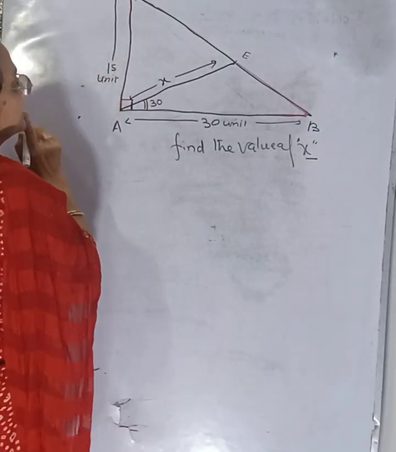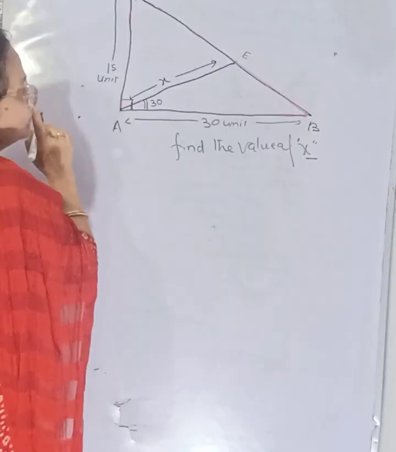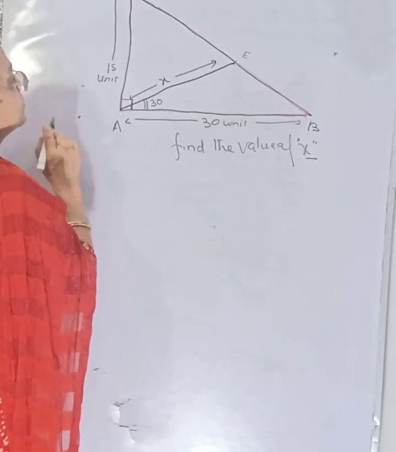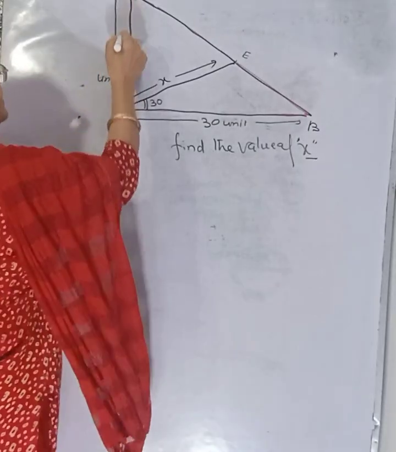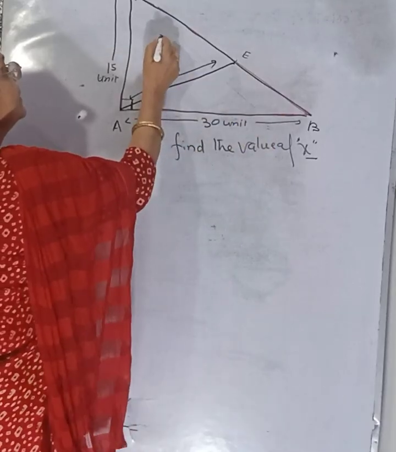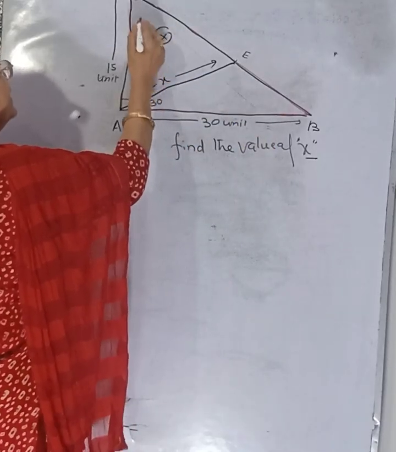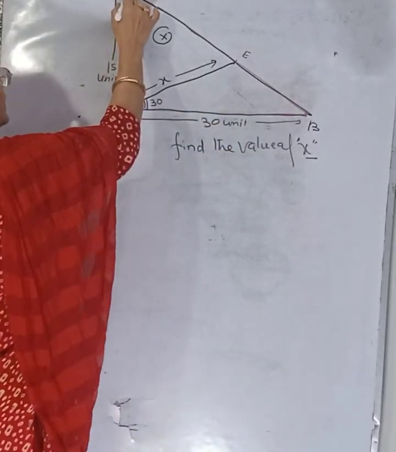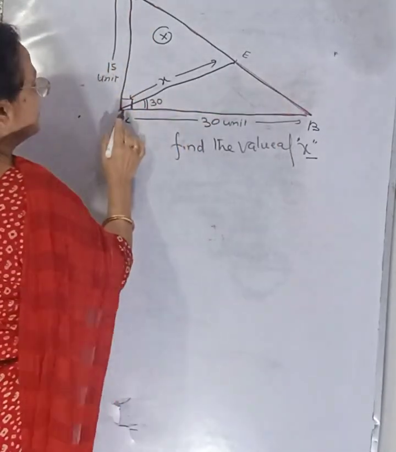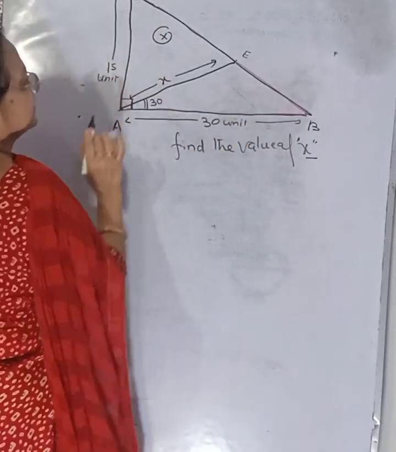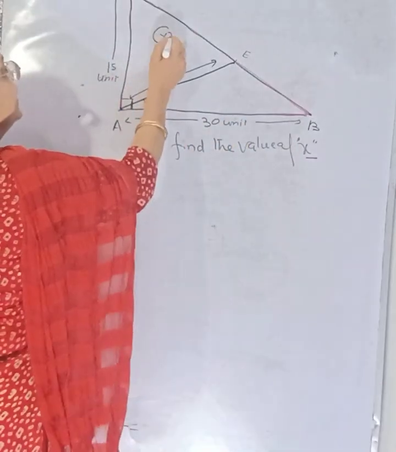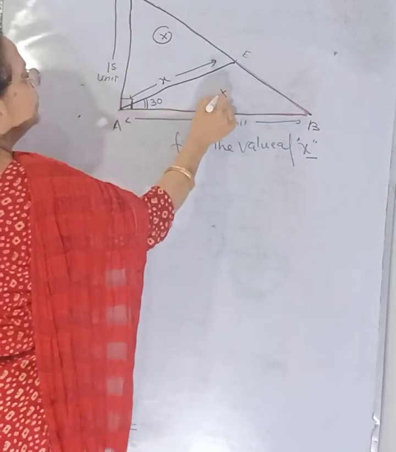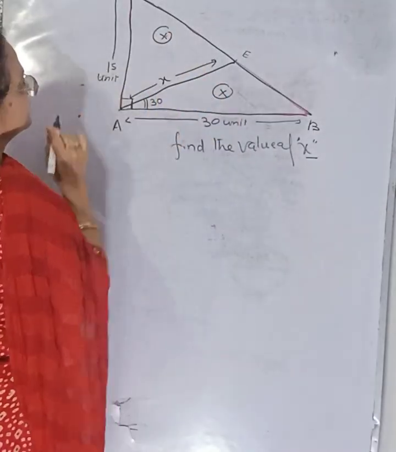Now, what we can say? This is the triangle. The area of the triangle can be obtained because base is given to us, height is given to us. This area will be the addition of these two triangles, this plus this.